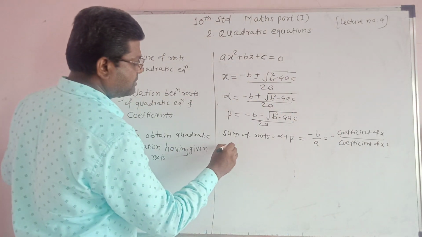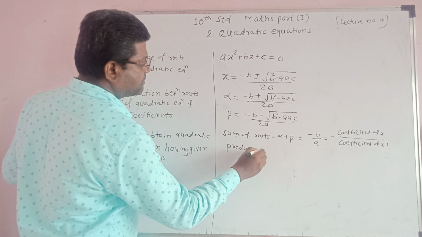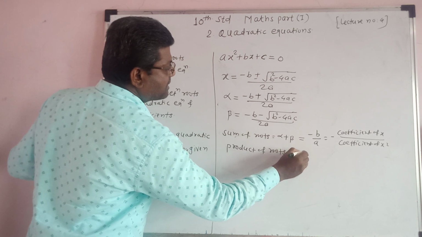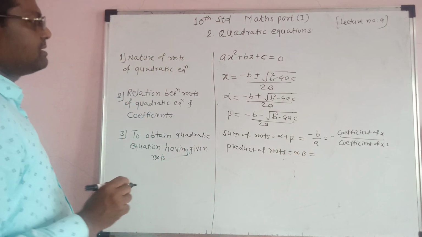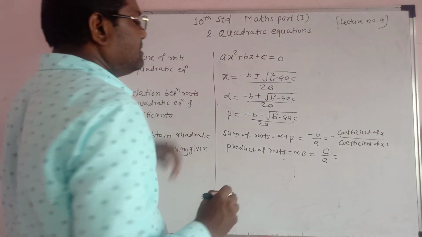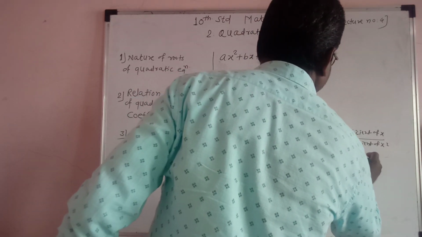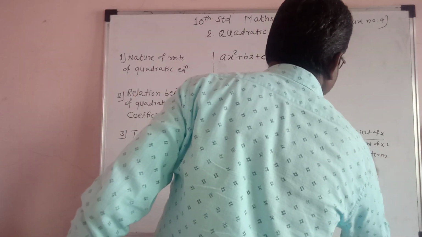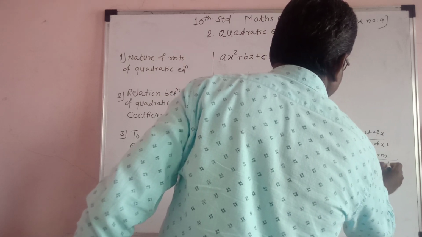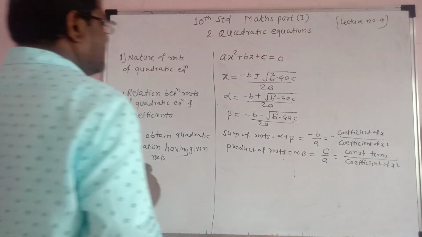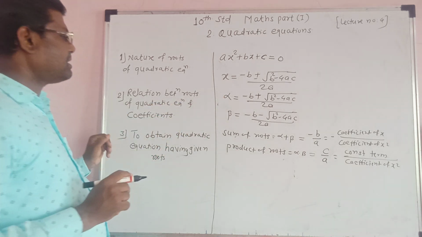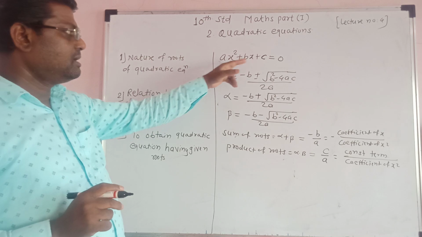Then product of roots, alpha into beta, is given by c/a. C is the constant term, so it is constant term upon coefficient of x². Thus, this is the relation between the roots alpha and beta and the coefficients a, b and c here.